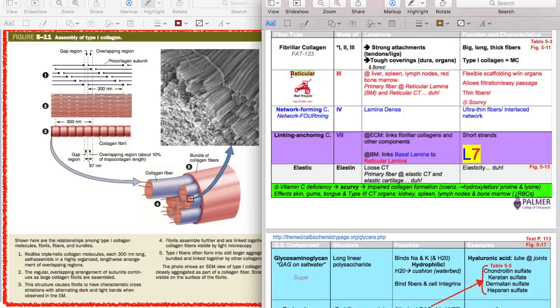This is really, really helpful. If you know that reticular means net-like, that's going to help you remember that reticular fibers are found in places where a net would come in handy, like filtering organs such as the liver, spleen, lymph nodes, and red bone marrow. Maybe you don't know that that's the function, but to keep it simple, blood filters through your spleen, and lymph filters through lymph nodes.